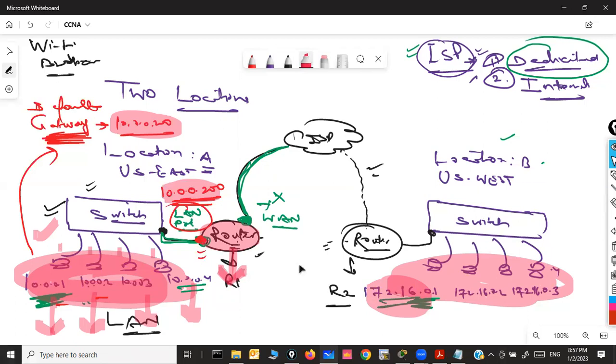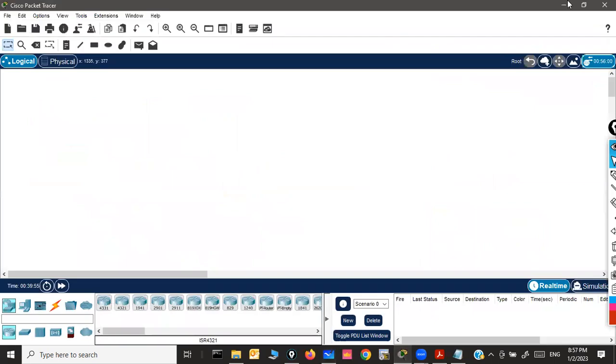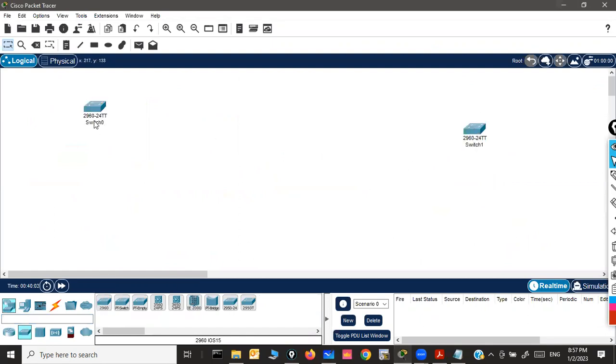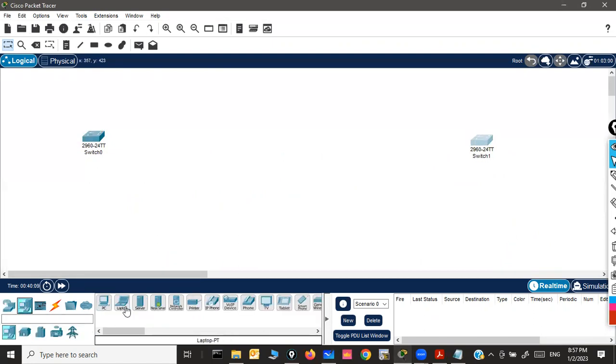So quickly, I will take you to this Packet Tracer just to show you, and then I will move to subnetting again. As I mentioned, if there are two networks here, just take two computers only.